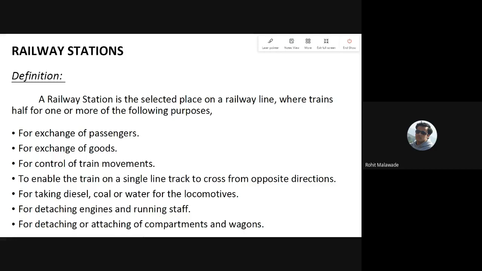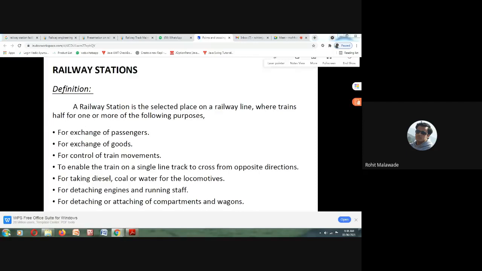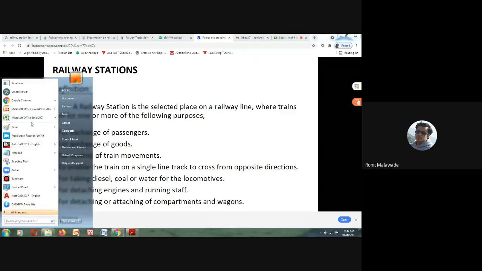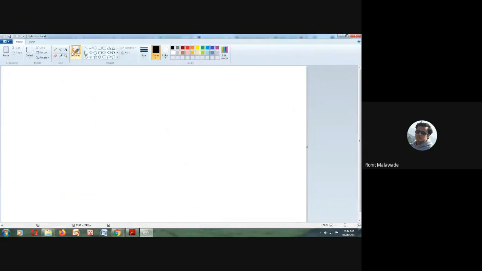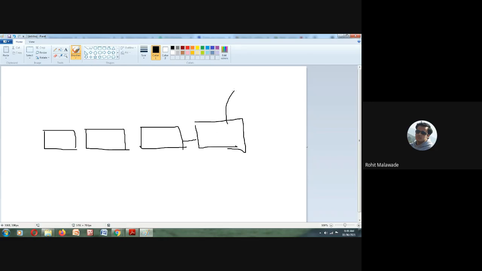Suppose this is your train. These are the bogies. The train was moving, having an engine over here. This is your engine.